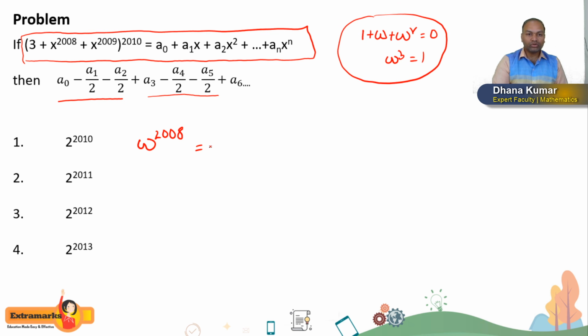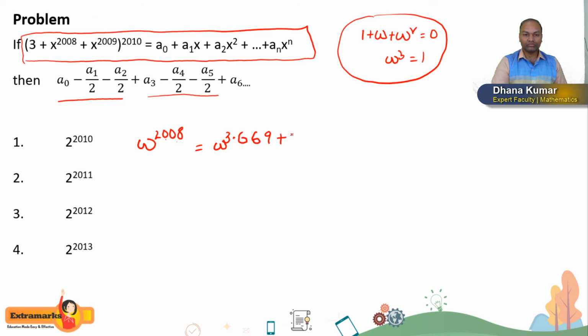Fine. So omega cube is 1. So omega power 3, how many times you check it? 3 6 18, 20 minus 18 is 2. 3 6 18, correct? 2 8 28, 3 9s are 27.